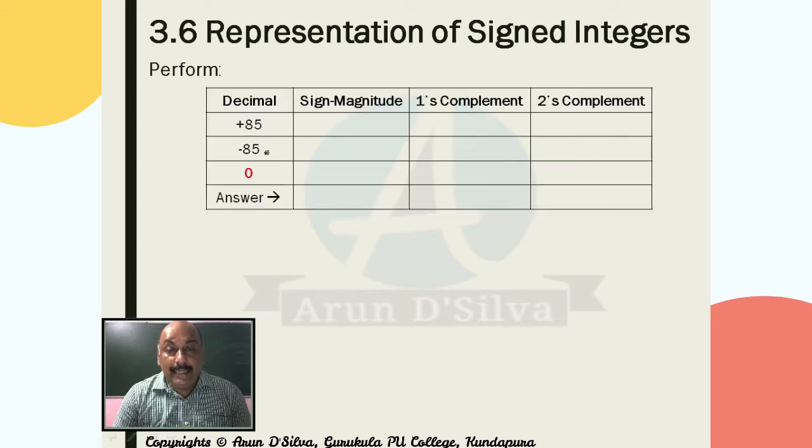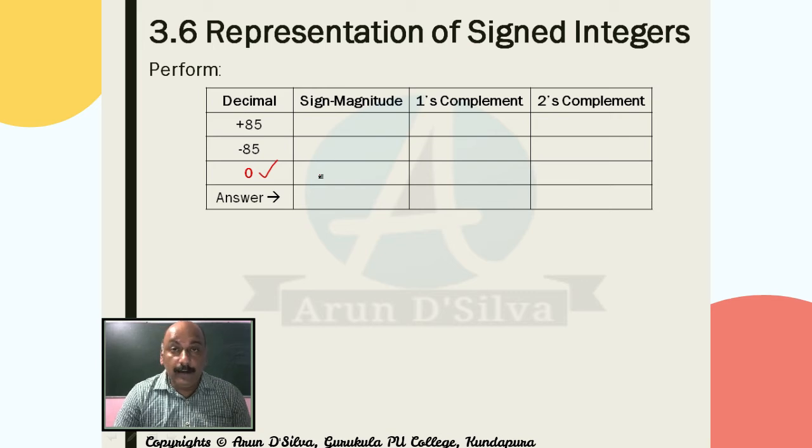Now in reality, in decimal, if you add plus 85 and minus 85, what answer do you get? You get 0. Everybody knows that.